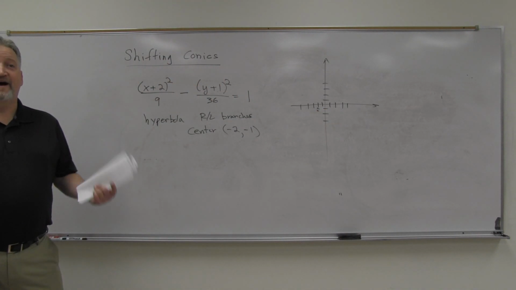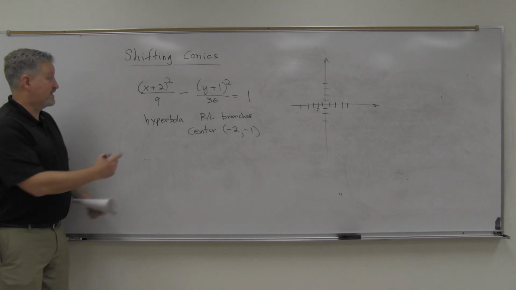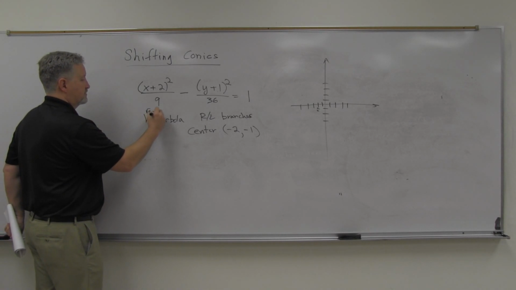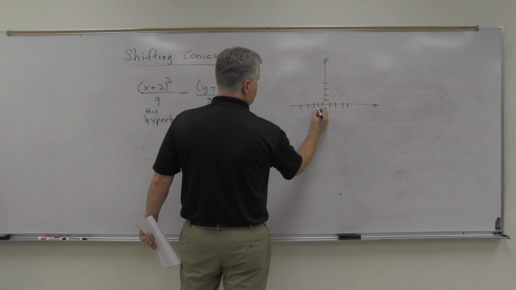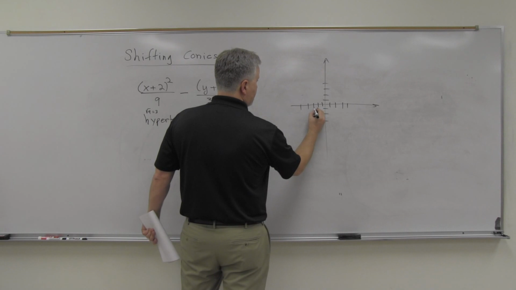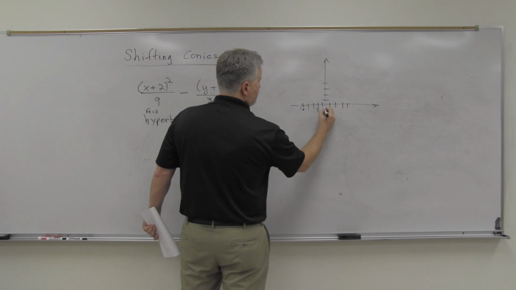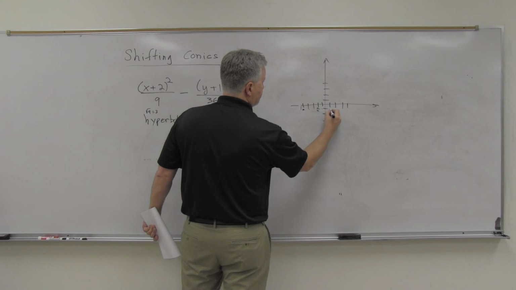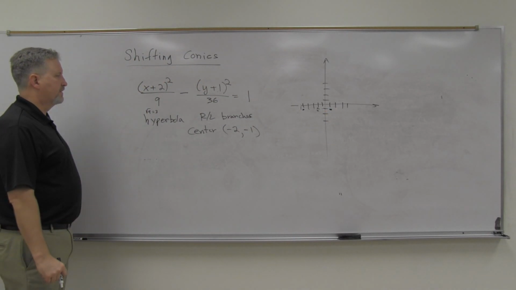Now remember, graphing these, we still go out the same thing we do in the x. We would go out the square root of 9, which is 3. So from the center, we go out 3, backwards and forwards. So 1, 2, 3. And then 1, 2, 3. And put a mark there.